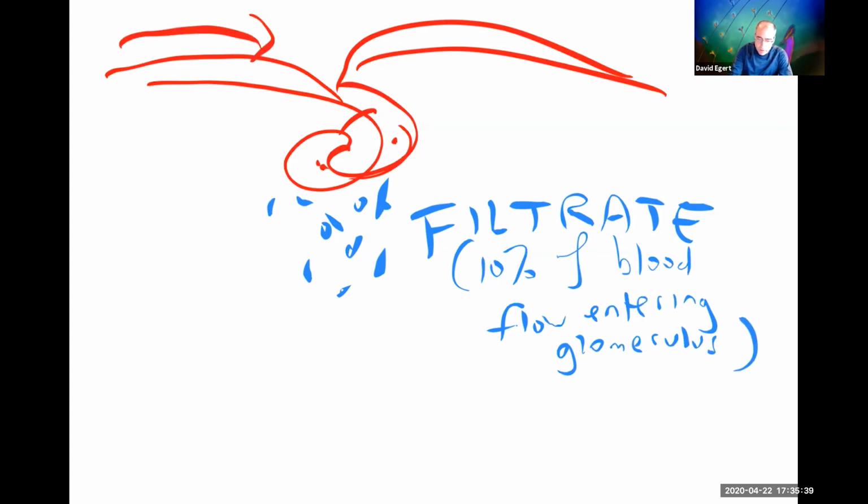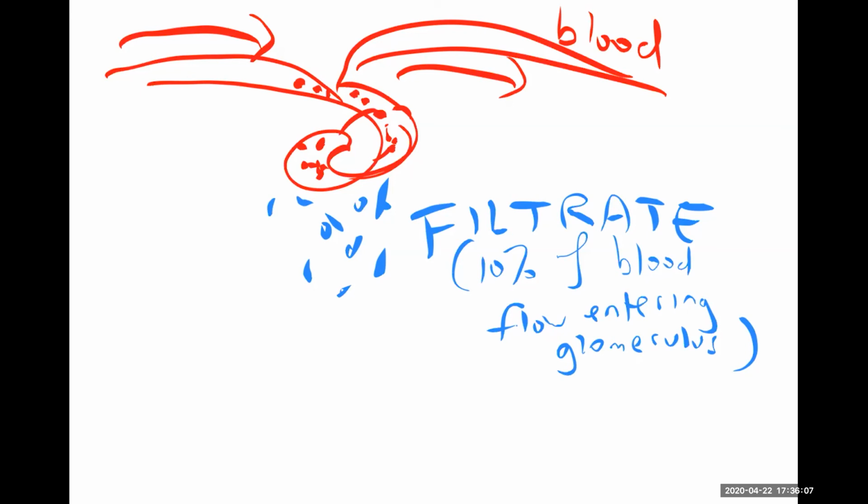Here's the blood flow coming in and out. So let's think about this. Looking at all of the glomeruli and all the nephrons in both kidneys, what is the blood flow coming into the kidneys?